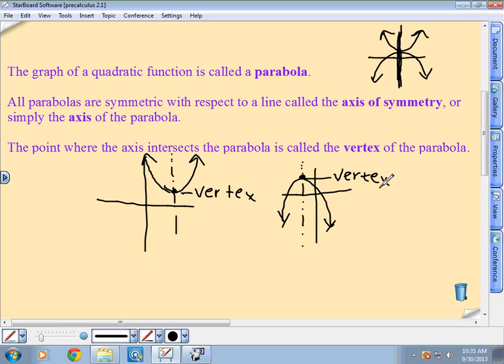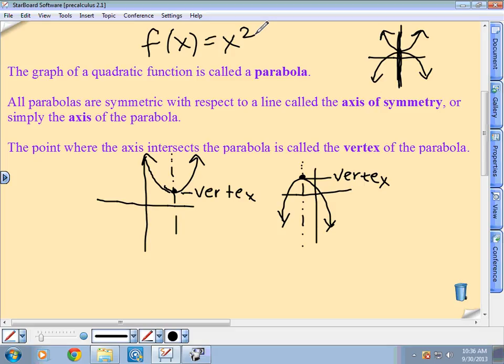And by and large, the vertex and the axis of symmetry are going to be determined by what we do to the basic function. So we learned in the last chapter that f of x equals x squared is the most basic quadratic function. Okay? So what we do to that function will determine where our axis and our vertex go.